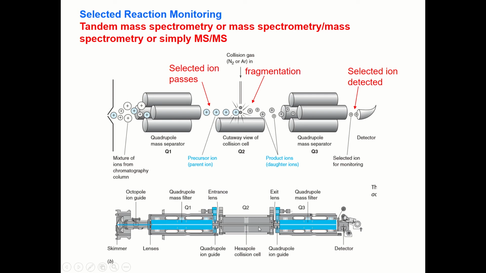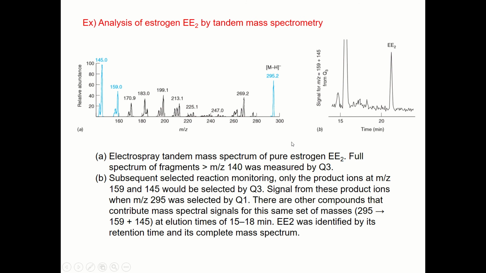Then collision takes place in Q2, and in Q3 you select only the selected ions of your interest. And then let's see how the technique is applied to detect estrogen from, I think, the liver.